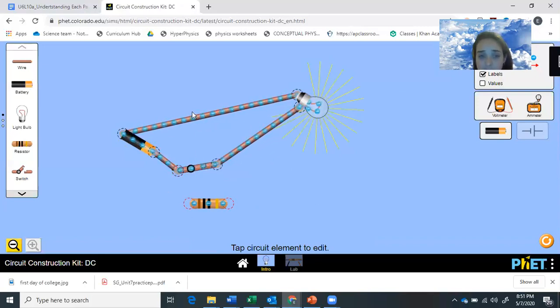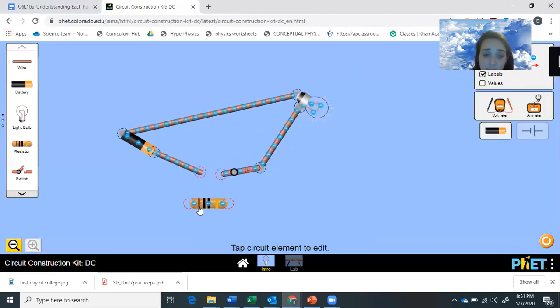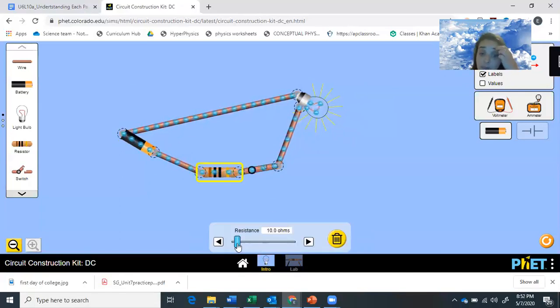So without my resistor, what do we notice about the charges in the light bulb? You're correct in that the light bulb now is much brighter, and the charges are flowing at a faster rate. So I'm going to add my resistor in here one more time, and we're going to play around with it. Again, now we see that the light is dimmer, and the charges are moving at a slower rate.